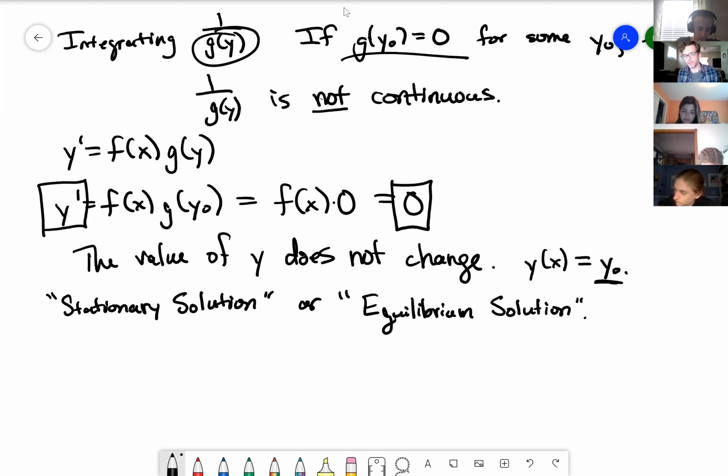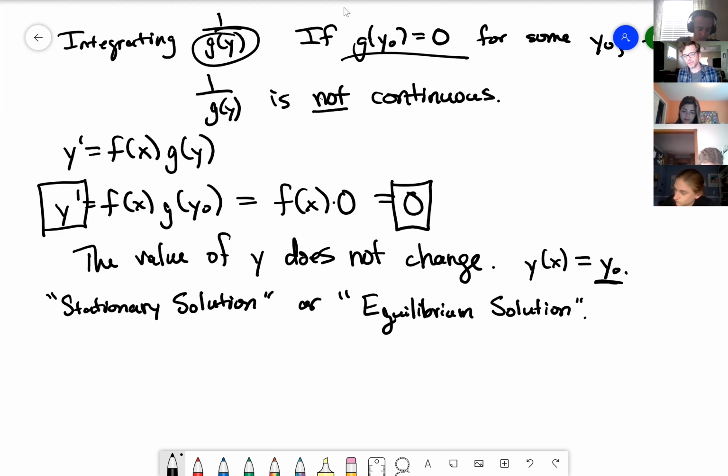So the first thing we'll do is, well, this is easy to find, just solve g of y is equal to 0. This is just a root finding problem now. We're just figuring out when g of y is equal to 0.